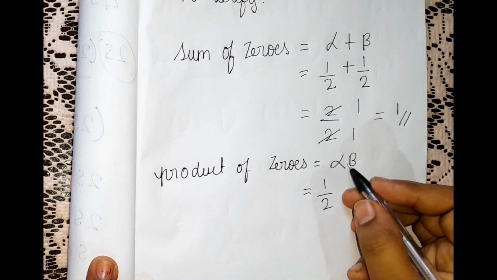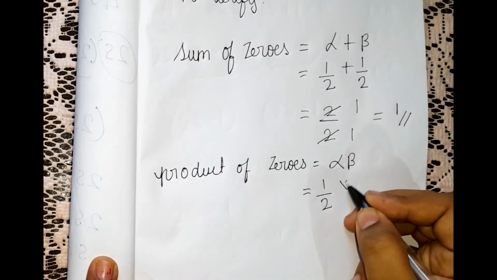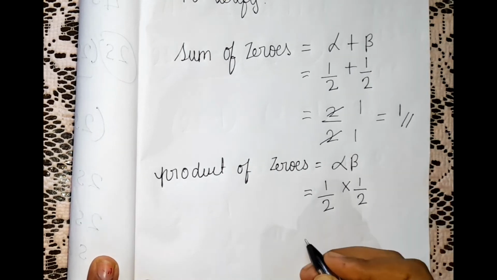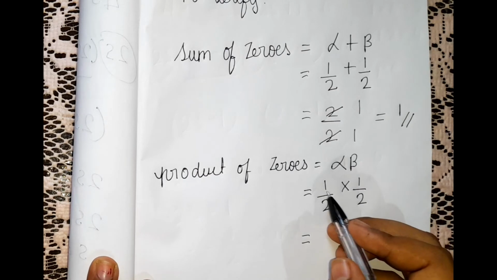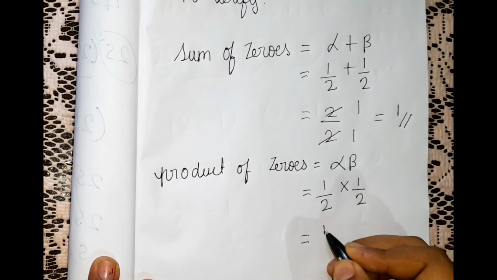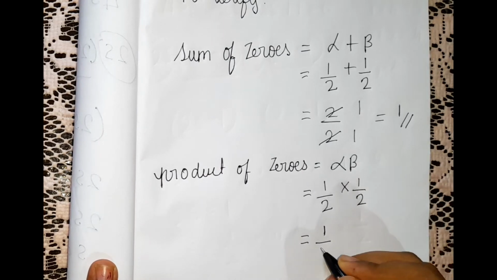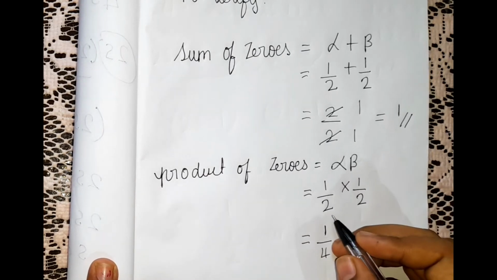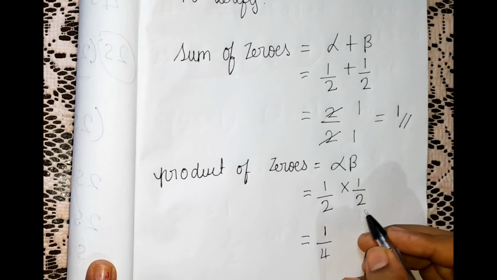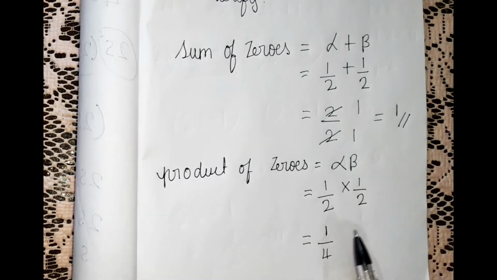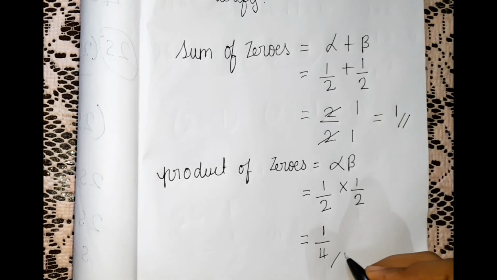Here it is in the multiplication form, that means into, and then beta value is 1 by 2. Okay, now let's solve it. So 1 into 1 is 1 and here 2 into 2 is 4. Here it is multiplication, so we can just multiply it. 2 into 2, it is 4, okay. So we got 1 divided by 4.